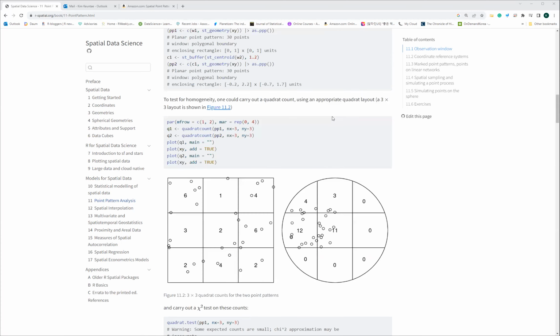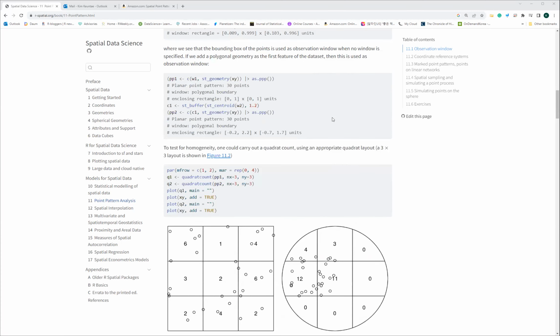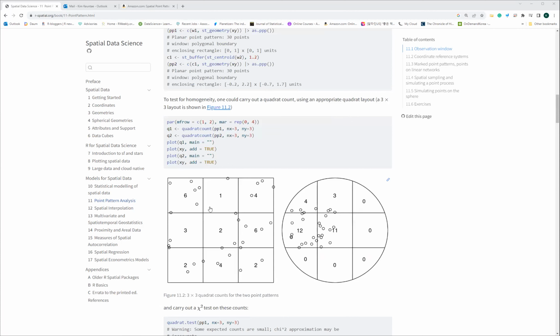The other way we can estimate density is called the quadrat count. In the case of a square, we divide it into a uniform unit grid like this, 3 by 3, and then count how many points are inside each unit grid.